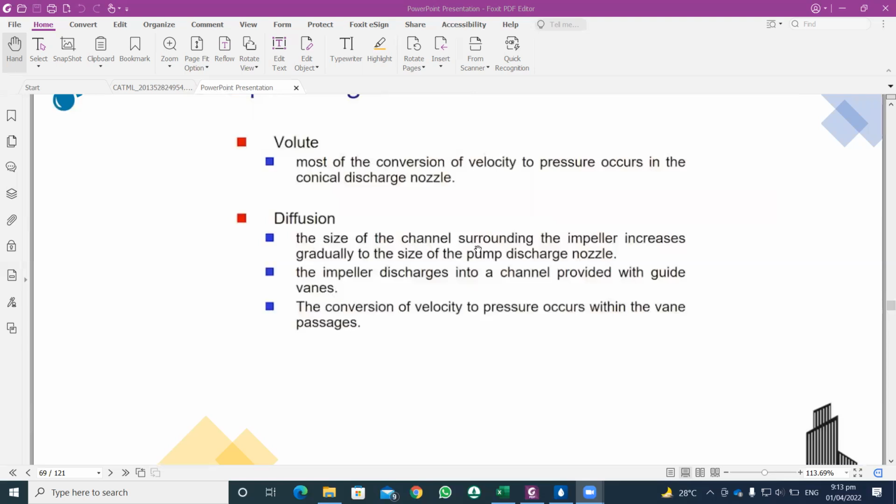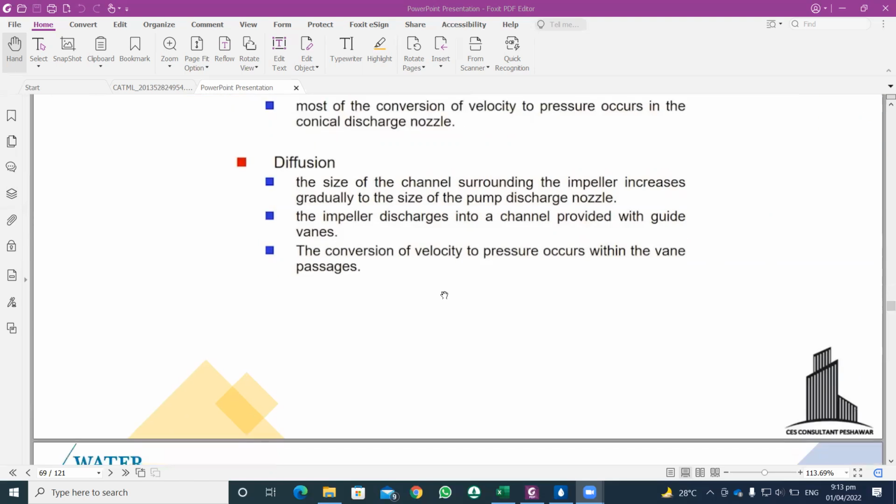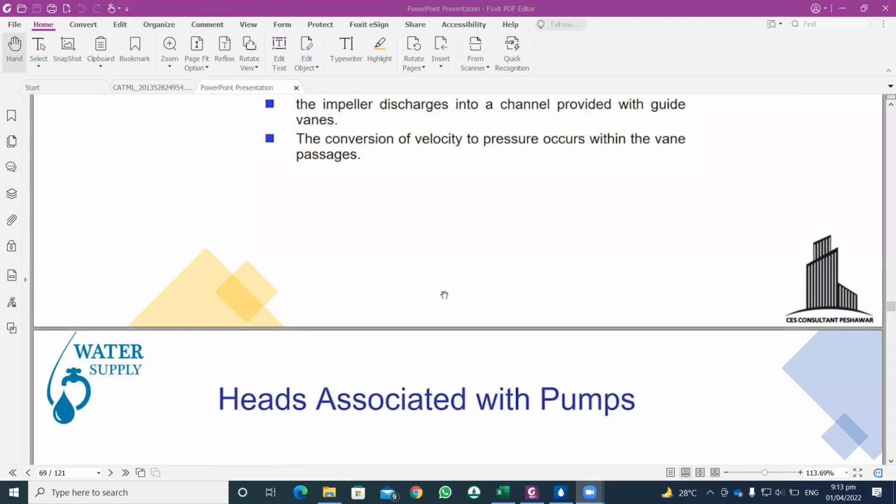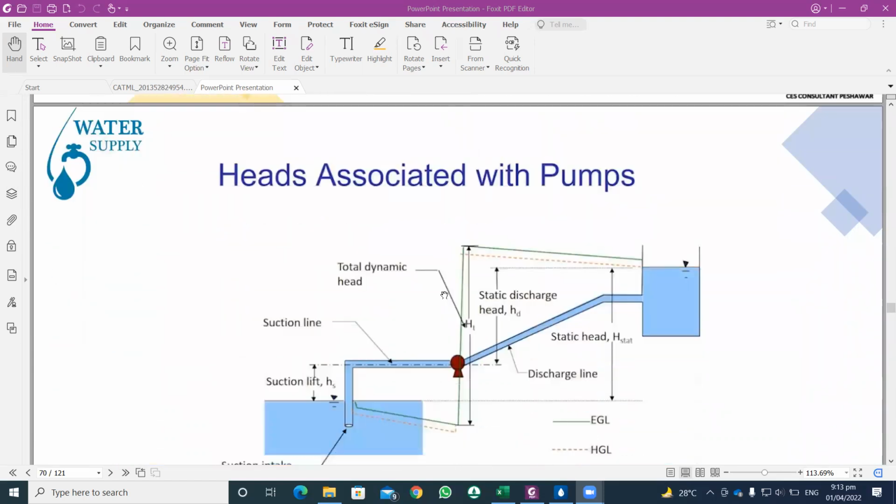The size of the channel surrounding the impeller increases gradually to the size of the pump discharge nozzle, and that is the diffusion. In the other design, the impeller discharges into a channel provided with guide vanes, and the conversion of velocity to pressure occurs within the main passage. So this is basically the whole procedure inside the pump.